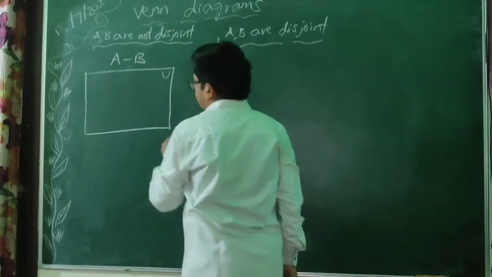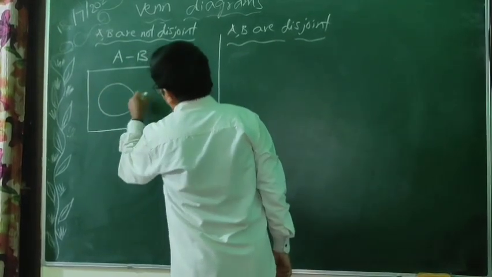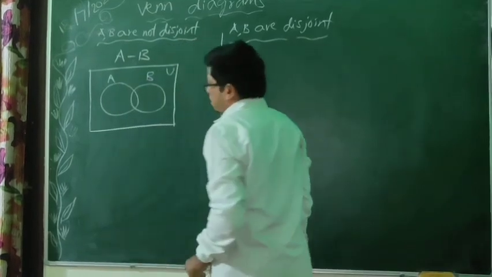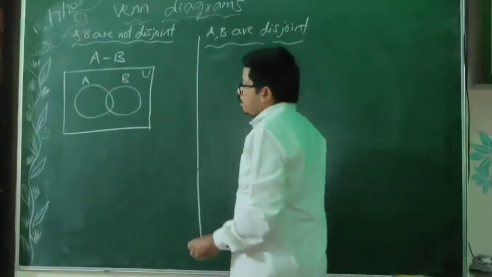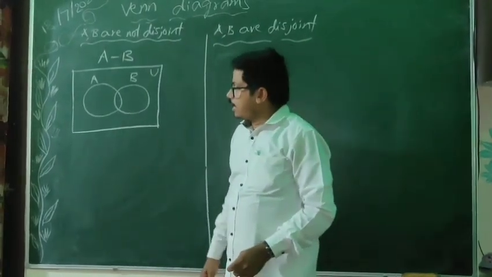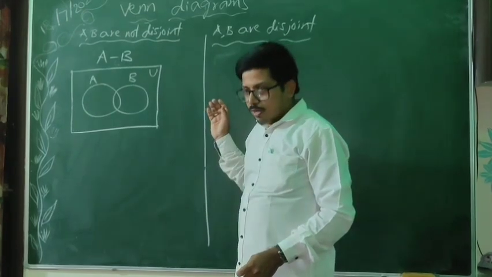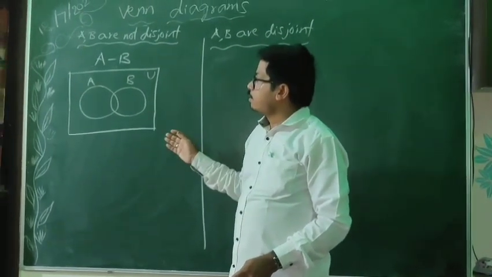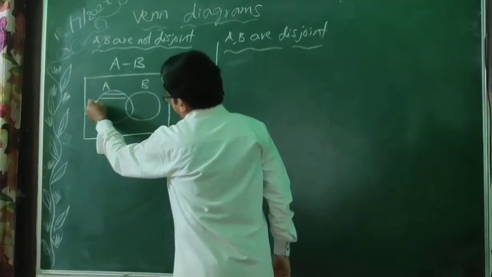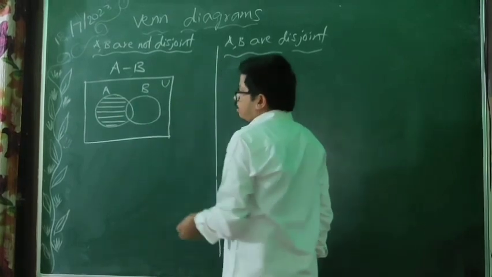So universal set U, A, B. So A minus B is the set having only the elements which belong to set A. So shading like this. These are not disjoint.